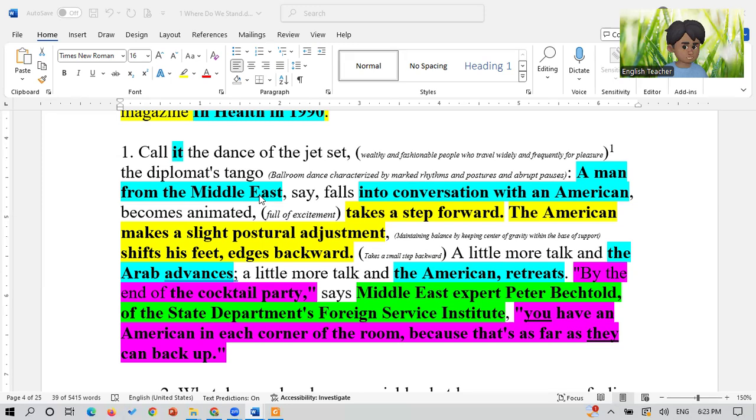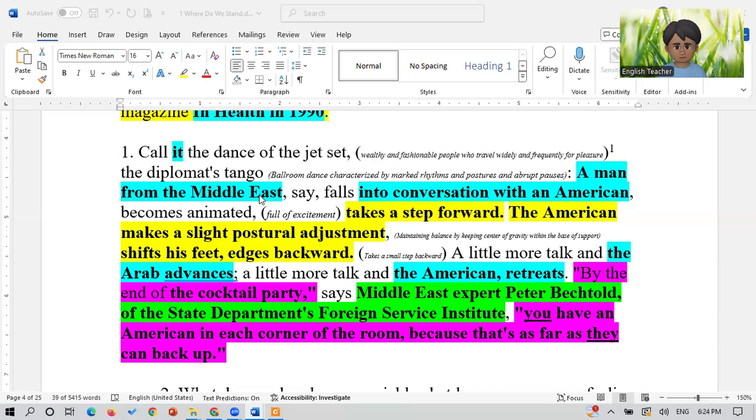As we read any writing in English, let me tell you something. A piece of writing, a piece of reading has two things. Or let's say a paragraph has two things. One, it has an idea.